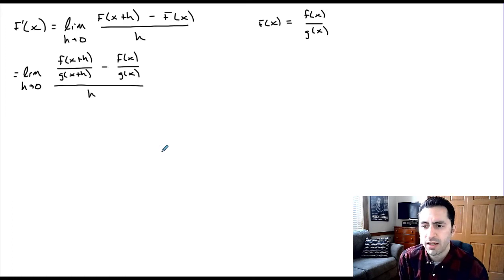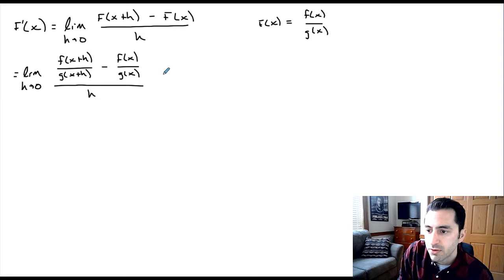So we kind of have a messy fraction going on right now. The first thing I'm going to do is work with this a little bit to get it into a more manageable form before we start manipulating it so we can find our limit. My first step, in just the numerator, is to get a common denominator and subtract these two fractions.